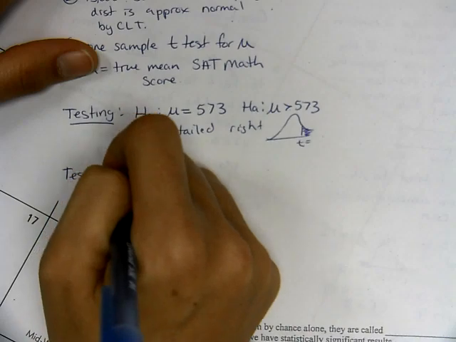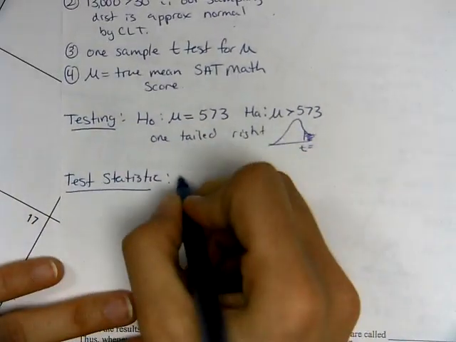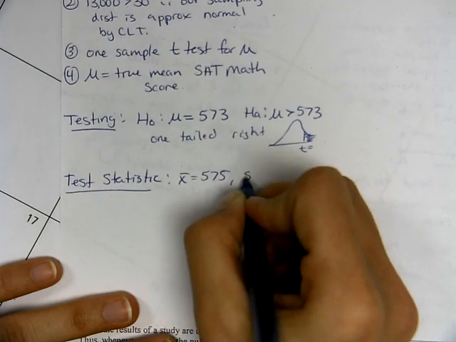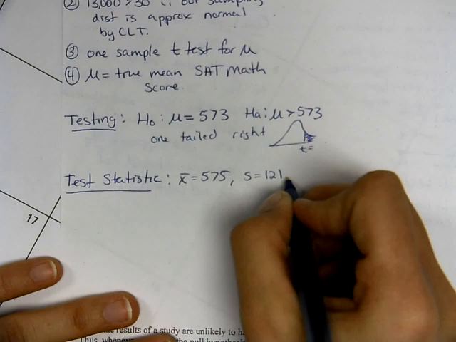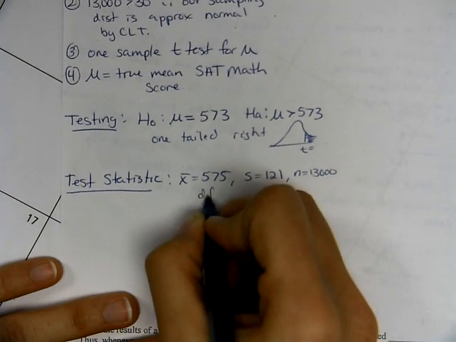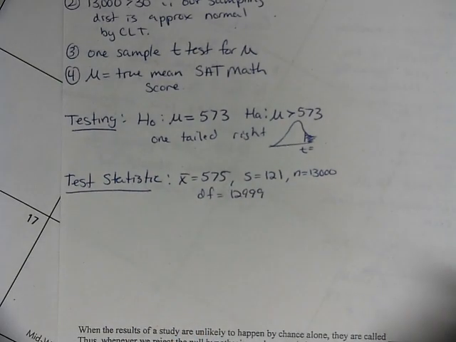Okay, for your test statistic, remember, list everything. So X bar was 575, S was 121, N is 13,000, degrees of freedom is 12,999. We don't have an alpha. Do we have an alpha?